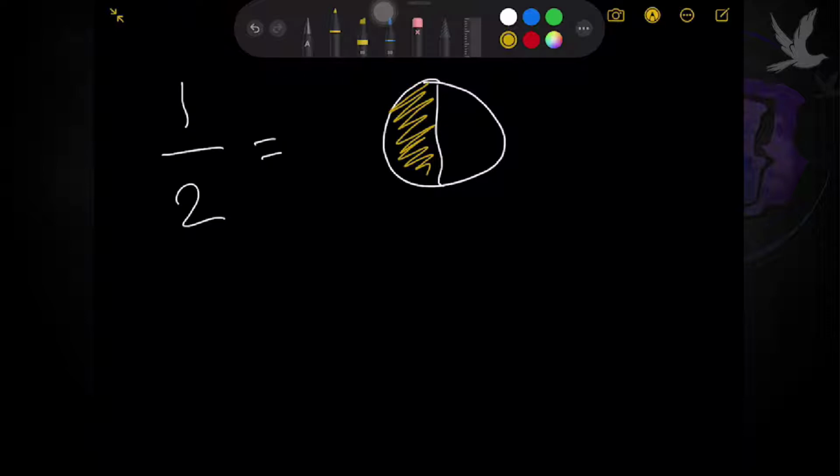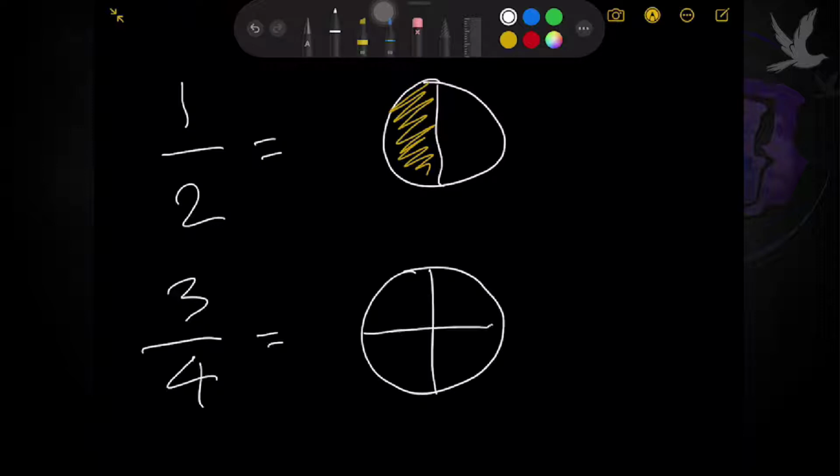Let's say 3 over 4. 3 over 4 means out of 4 parts, out of one whole. 1, 2, 3, 4. 3 are basically used, or in this case, for formality, 3 parts are shaded.